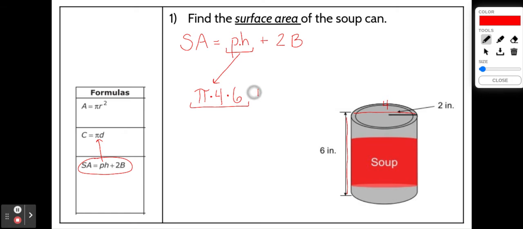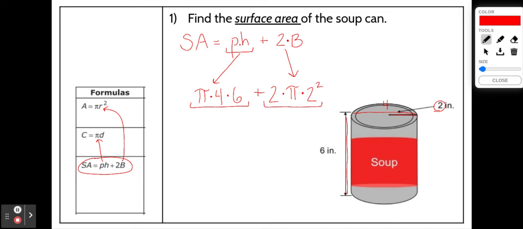Okay, then we're going to want to add that to the area of the two bases. So you can see it says 2 times the B. That's because there's two bases. So 2 times, and now the B, that's going to be the area formula because the bases are circles, and the area of a circle is pi times radius squared. So pi times radius, which is 2, squared.